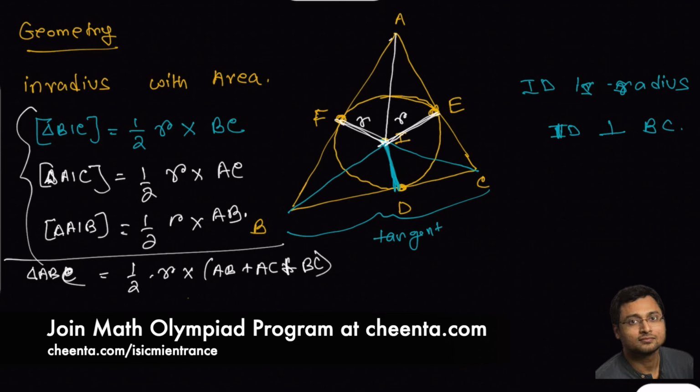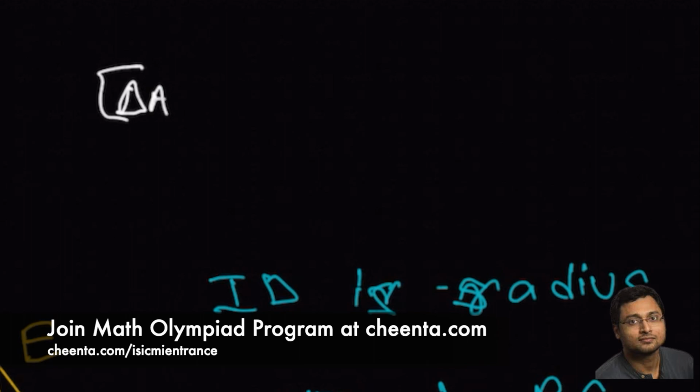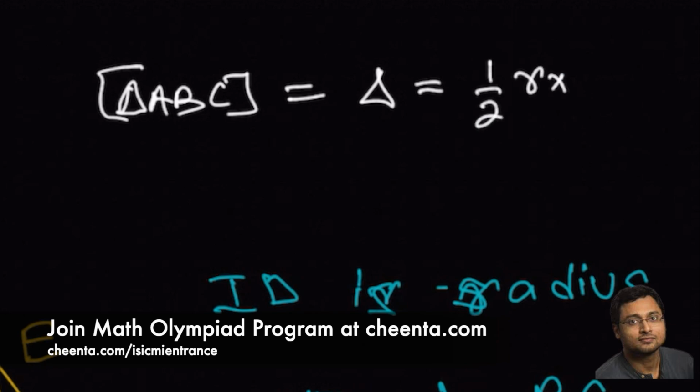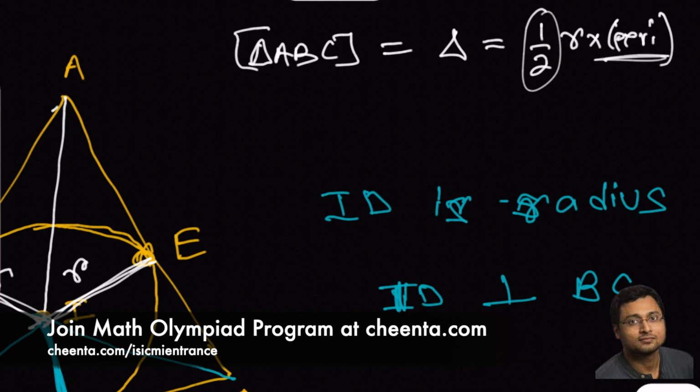This is a standard formula, but I just derived it so that if you do not know it from before, you can use it now. So the area of triangle ABC, let's denote it by delta, is equal to half times r times the perimeter. Half of the perimeter is regarded as the semi-perimeter, so r times s.